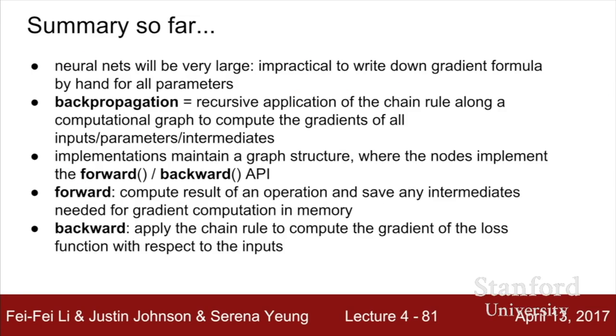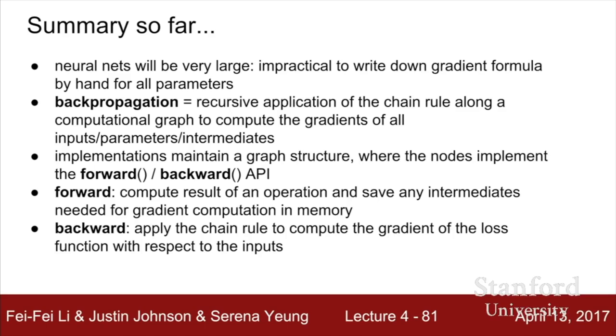Okay, so summary of what we've talked about so far. When we get down to working with neural networks, these are going to be really large and complex, so it's going to be impractical to write down the gradient formula by hand for all your parameters. So in order to get these gradients, what we should use is backpropagation, right?